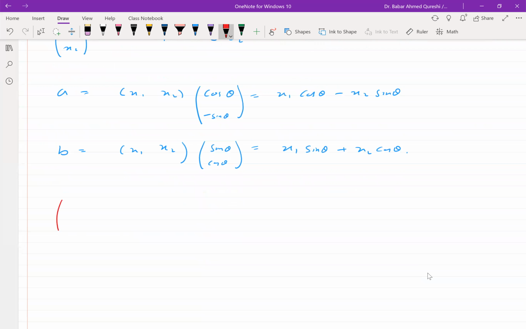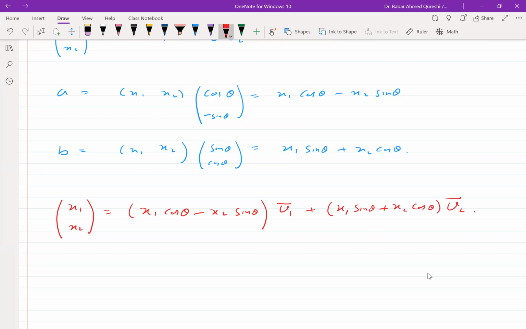So that means I can very easily expand this in this basis as a times v1 plus b times v2.